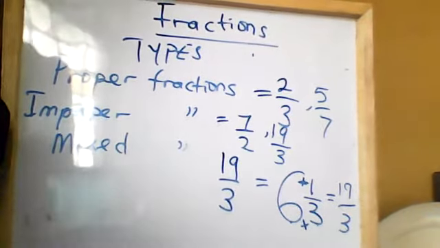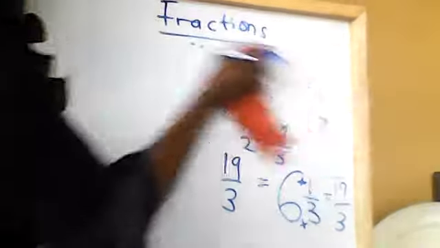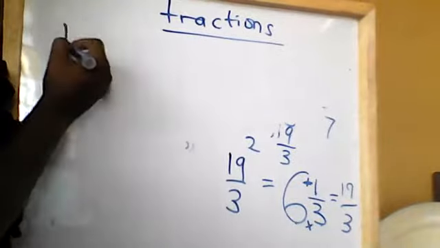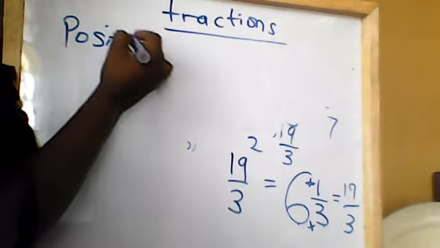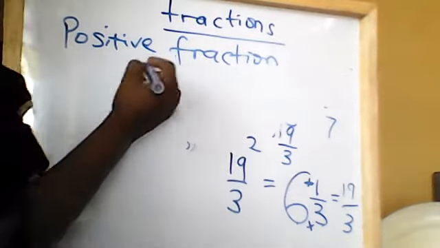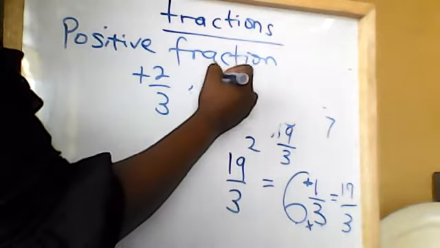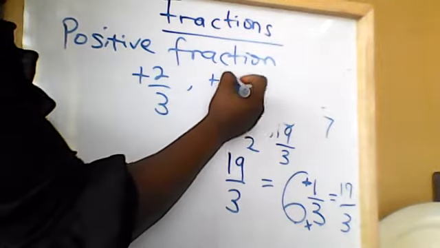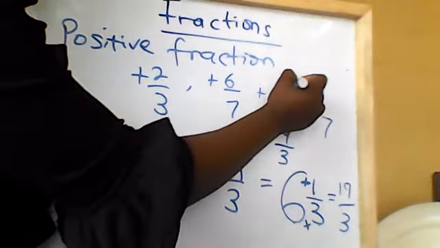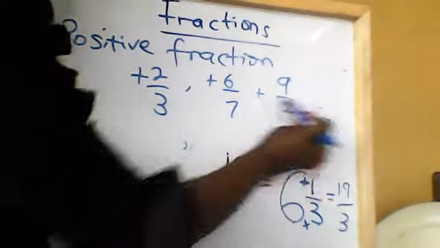So it means we can have a positive fraction, which will be, that's 2 over 3 or plus 6 over 7 or plus 9 over 2. These are positive fractions.